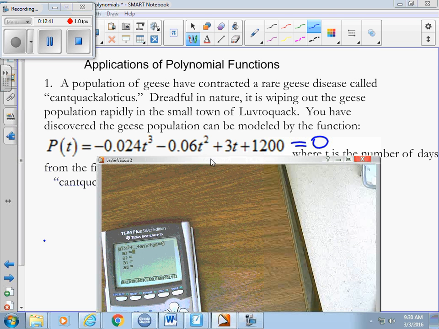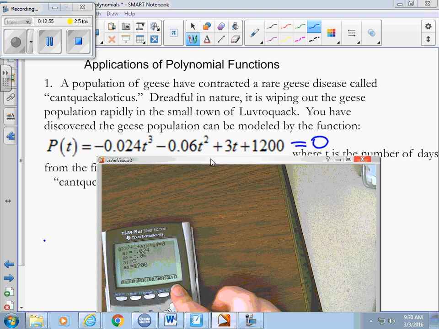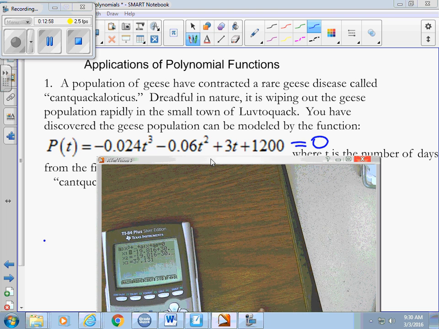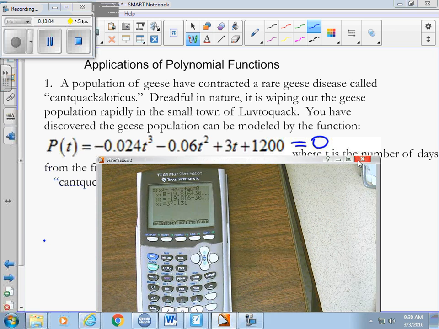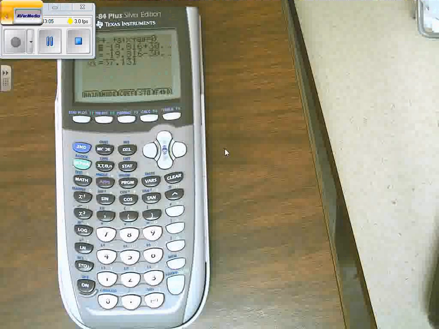I'm going to type in the coefficients. Then I'm going to go to graph, which is the solve button. Now, it gives me 3 answers, and I want you to be very careful about writing those other 2 down.